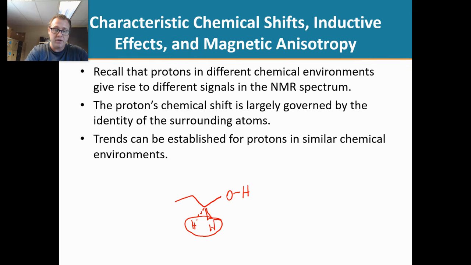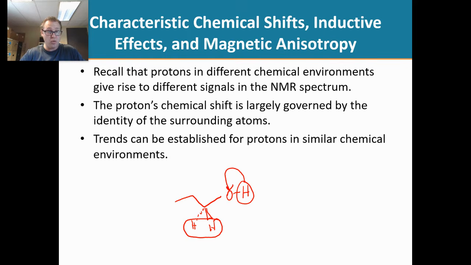That is typically due to the atoms that the hydrogens are attached to. So this hydrogen here is attached to an oxygen, whereas these are attached to a carbon. That gives us a different chemical environment.